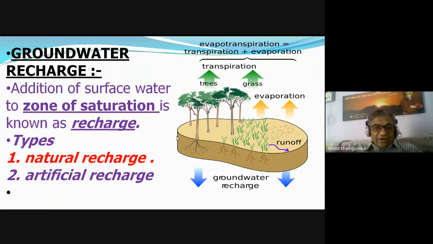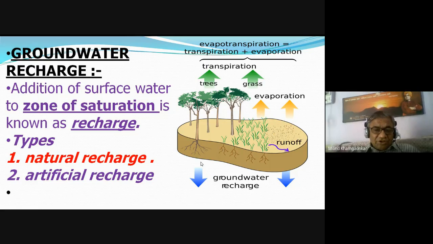In this way these two aquifers, the unconfined and the confined aquifers, get the rainwater via percolation or infiltration, and they get recharged.